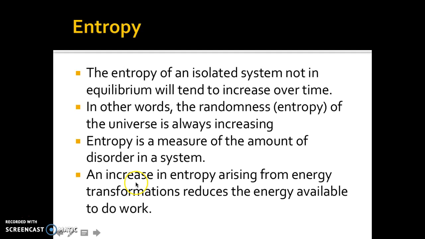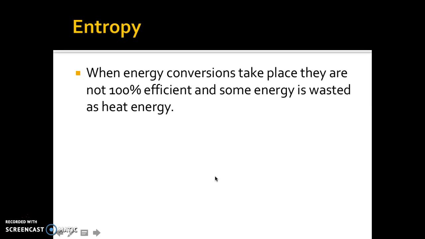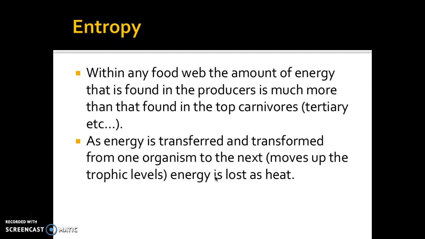As we go through many, many, many energy transformations, the system gains entropy or becomes less organized because a lot of that energy gets transferred into less useful forms. And the less useful form of energy that we're talking about is heat again. So we're always talking about heat.